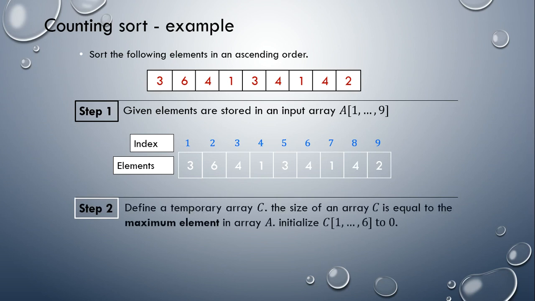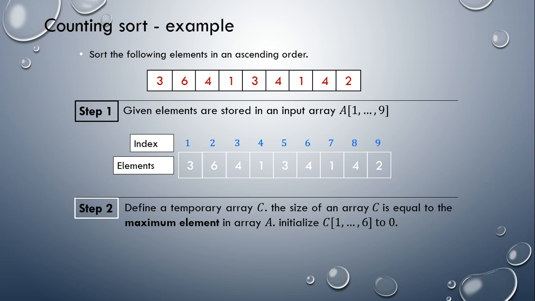Now we take another array named C, which counts the number of elements of the original array. What is the size of this temporary count array C? It is the maximum element of the given array. Here the maximum element is 6, so the size of the temporary array is 6, where we store the count of each distinct key.